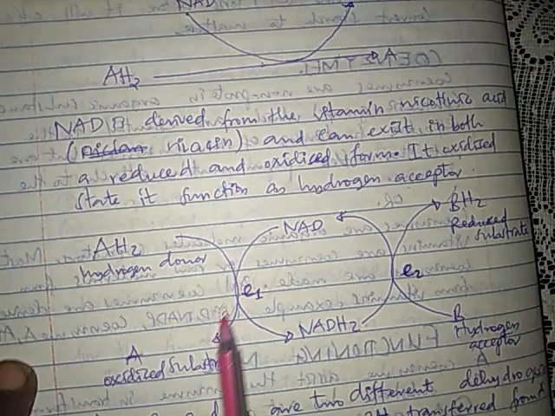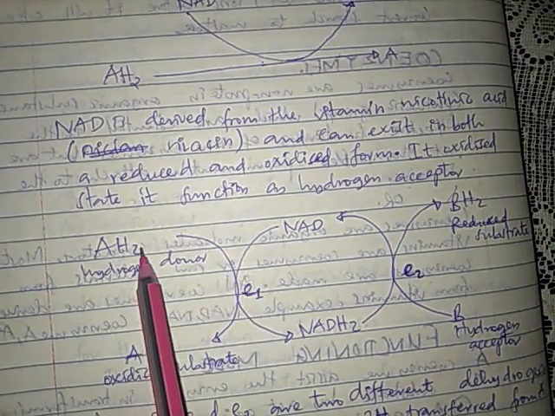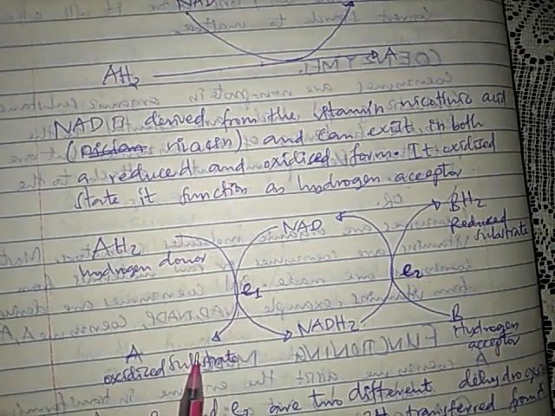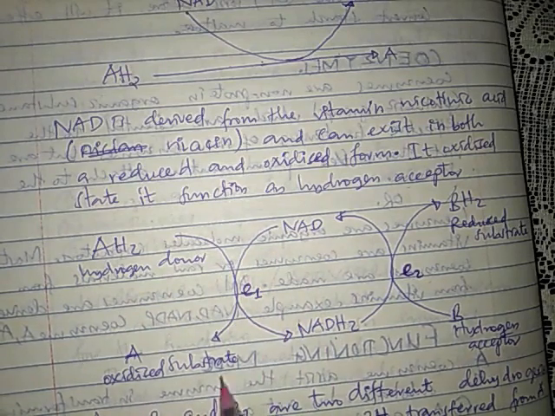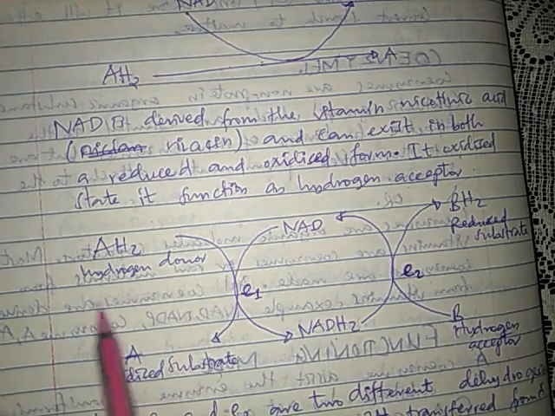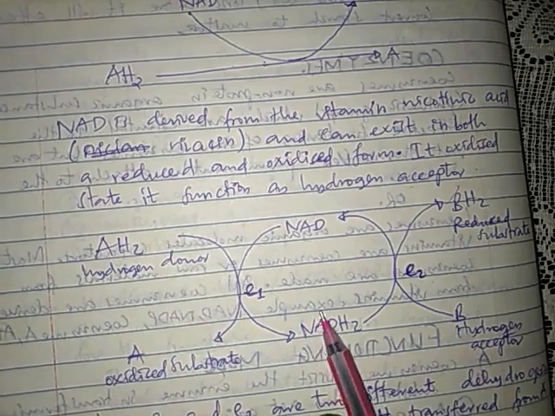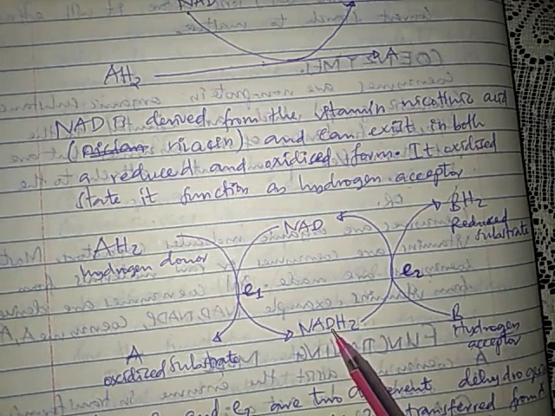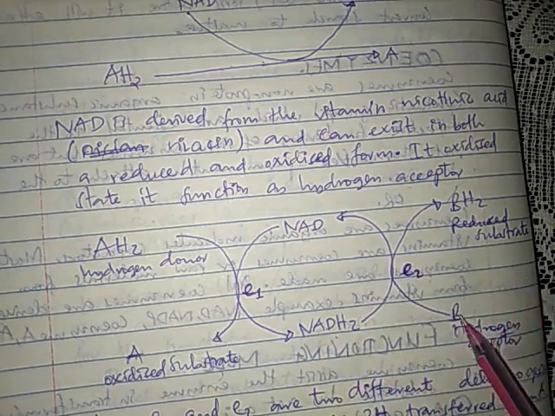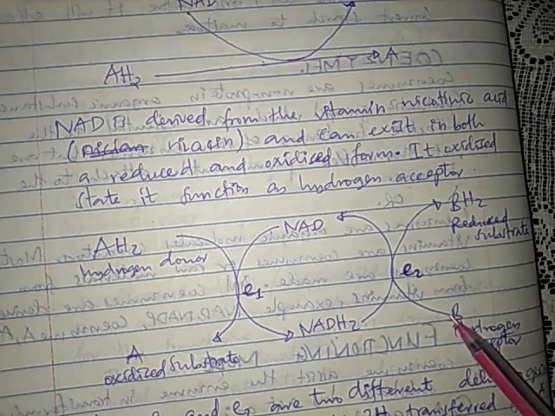Kama ambavyo unaweza kuona hapa kwamba huyu hapa ana hydrogen, ametransfer hydrogen kwa NAD, huyu hapa ni oxidized substrate. Lakini the reduced state of NAD can act as a hydrogen donor. Huyu anakuwa hydrogen donor, donate hydrogen kutoka kwenye B catalyzed by enzyme 2.